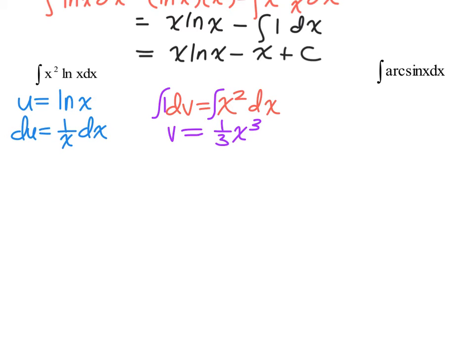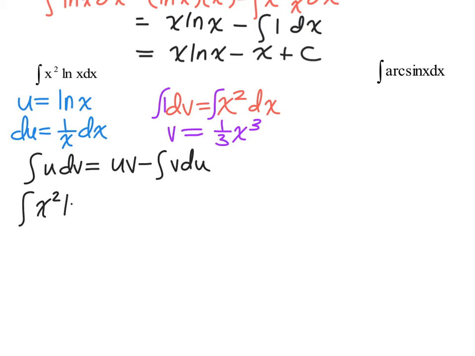All right. So again, the rule: the integral of u dv is equal to uv minus the integral of v du. So we're looking at x squared ln of x dx, which is equal to, well, u and v multiplied is a little beefier now.